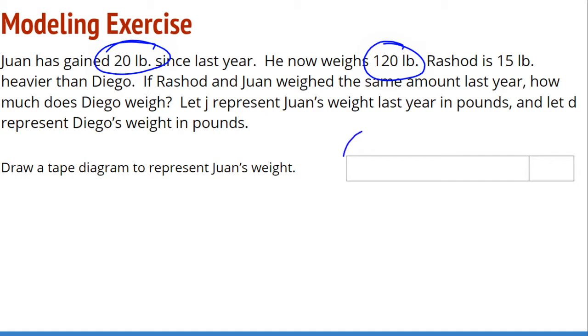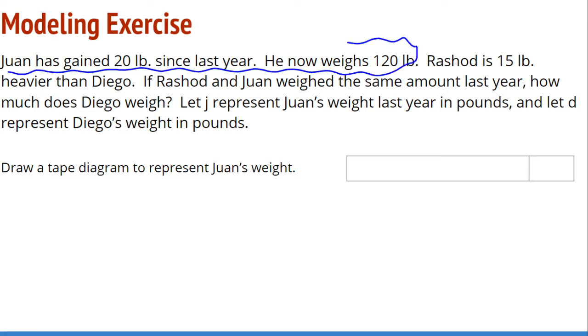So the entire tape for Juan is 120, but this little piece here is 20 because we had a change from last year. So that's what I would draw for Juan. I have looked very carefully at the information that I have about Juan, and I have said, how can I represent that?